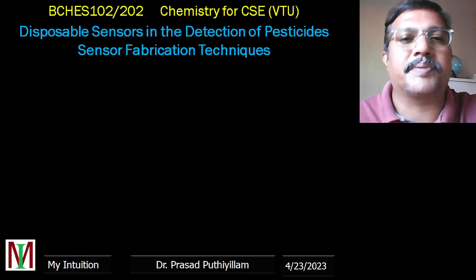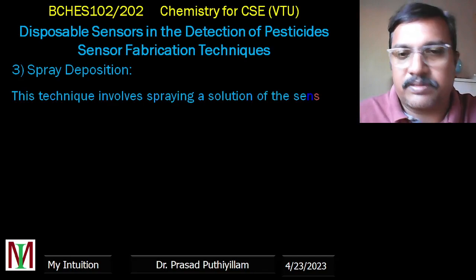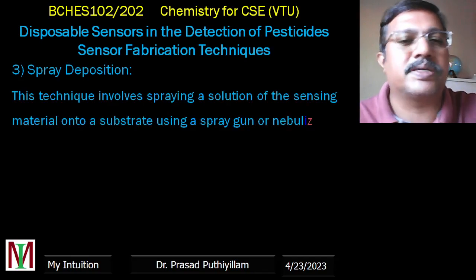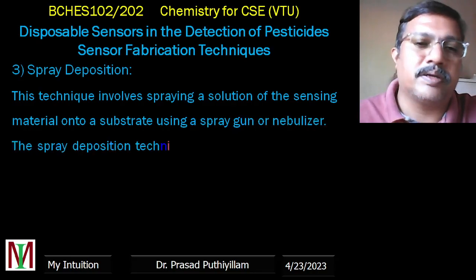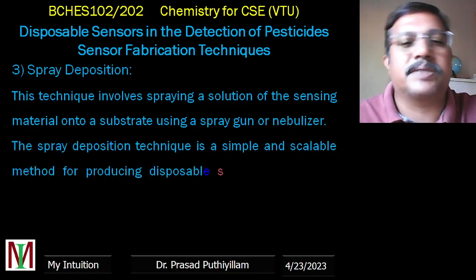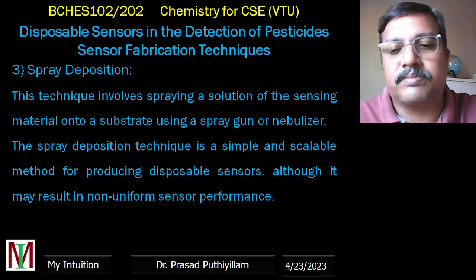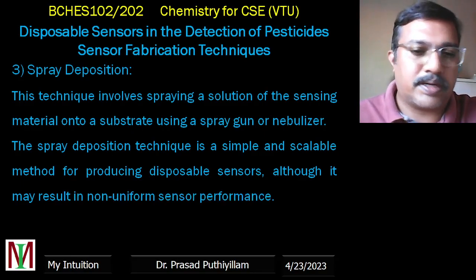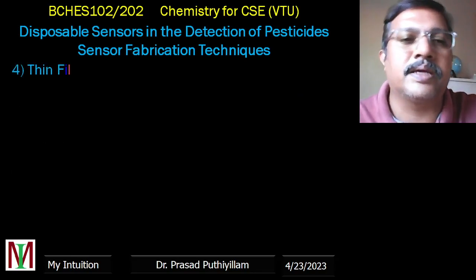Spray deposition: it can be sprayed, using a spraying solution of the sensing material onto a substrate with a spray gun or a nebulizer. It is a very simple and scalable method for producing disposable sensors, but the results may be non-uniform, but still we will be able to detect the pesticide.